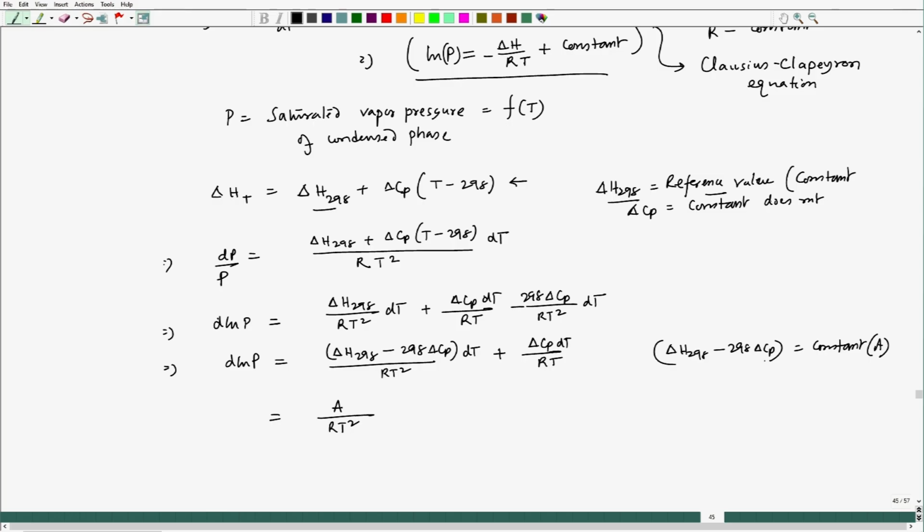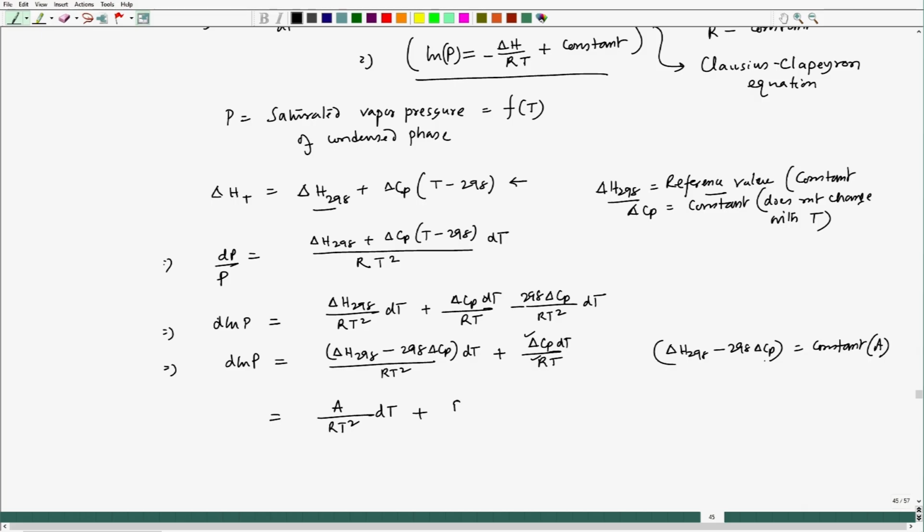but it is not a zero value. So this is a constant, dT. Again, this is a constant, R is a constant.